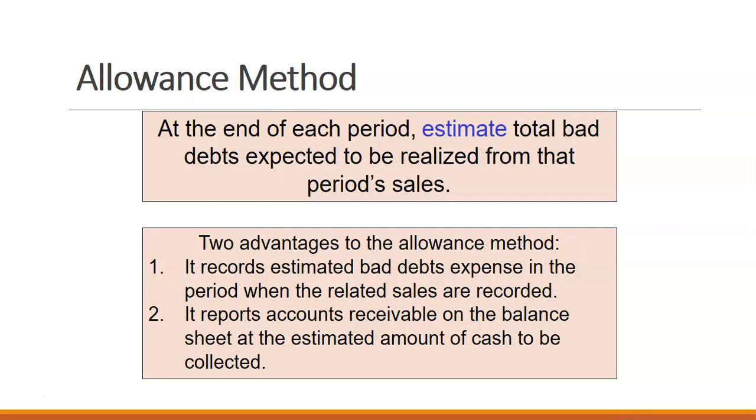One, it records estimated bad debts expense in the same period as the sales are recorded, so it meets the matching principle for sales and revenue recognition principles. Then it reports our accounts receivable on the balance sheet at the estimated amount of cash to be collected from customers.